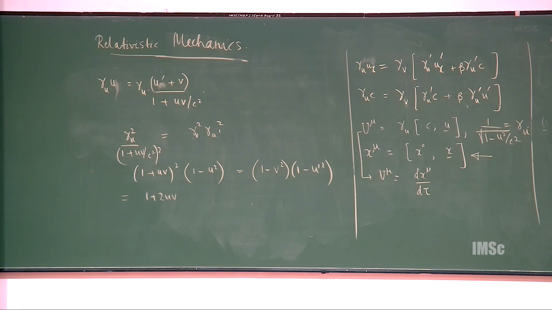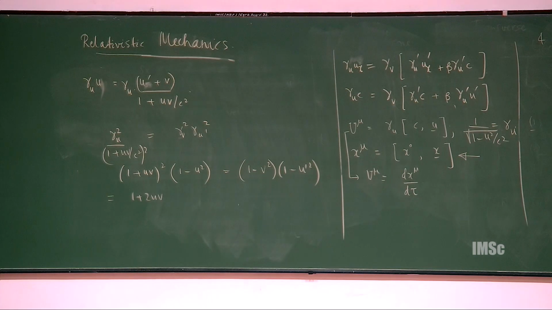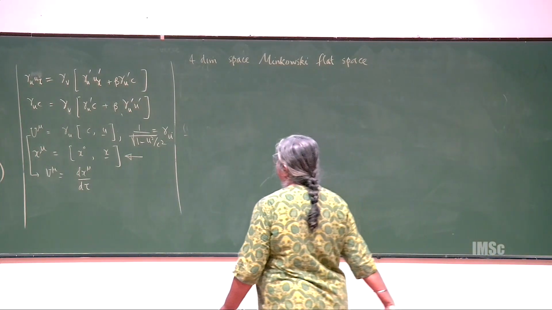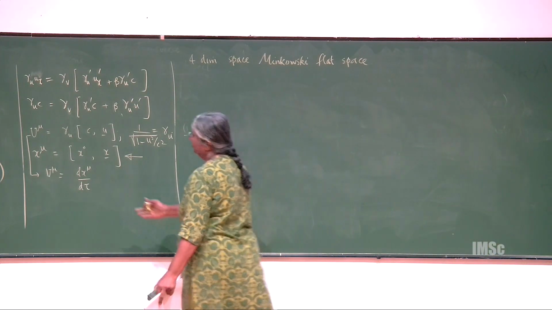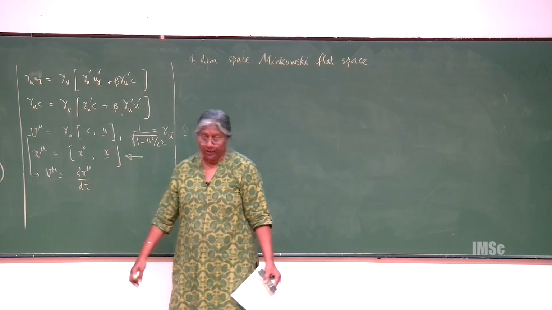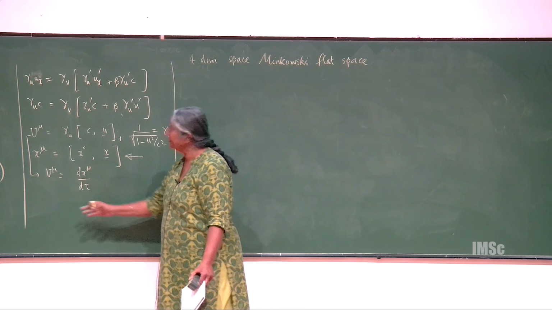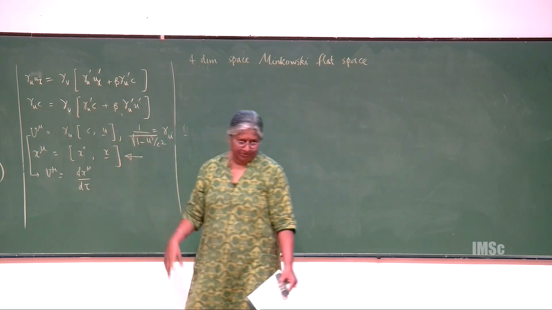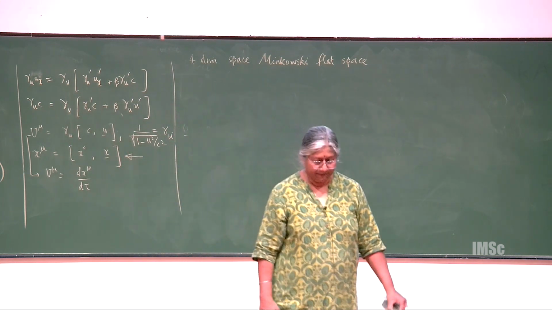So you remember I had already made a comment that if, instead of writing the velocity as dx by dt, I define new velocities which are like dx by d tau, dy by d tau, dz by d tau, then you will immediately see that the denominator is an invariant and therefore the numerator transforms like a 4 vector. So this whole thing will transform like a 4 vector. You could have started with this definition and found that these are the components of those velocities. You could have done it either way.